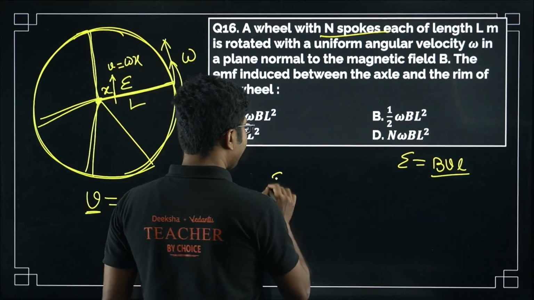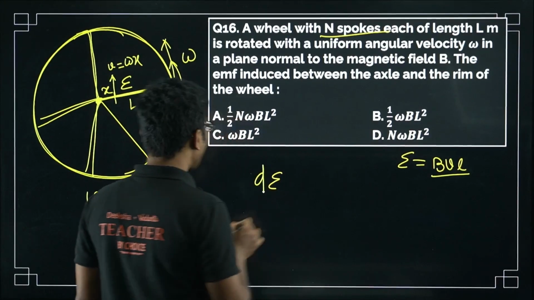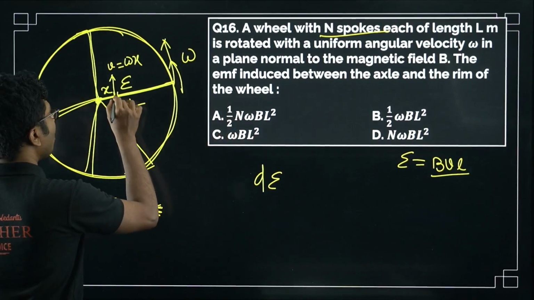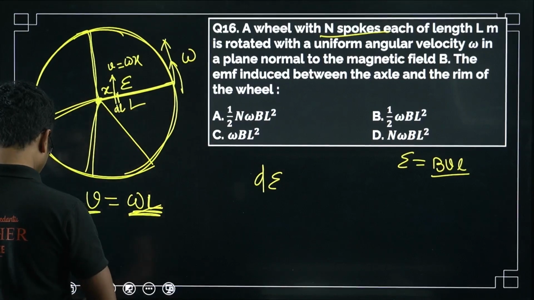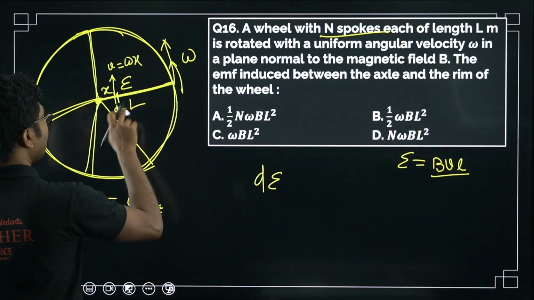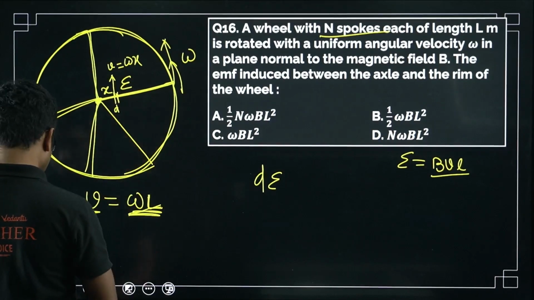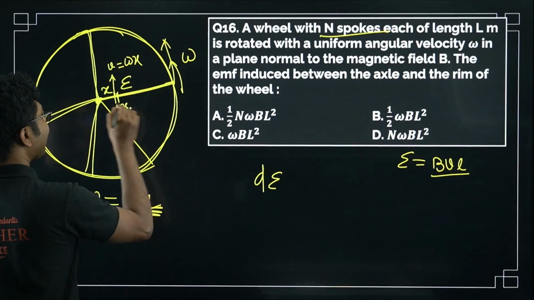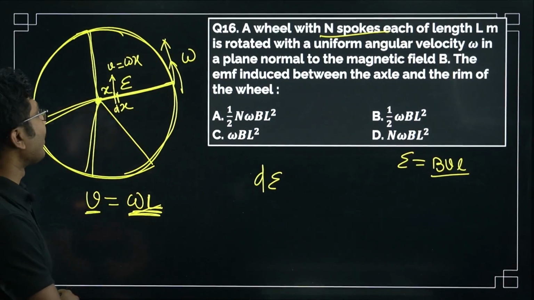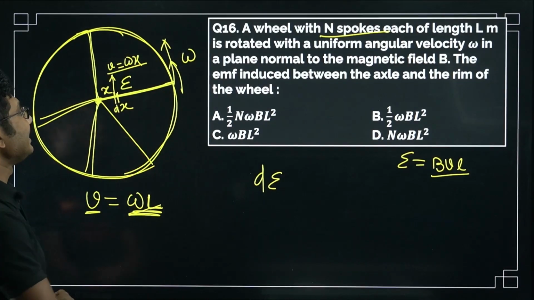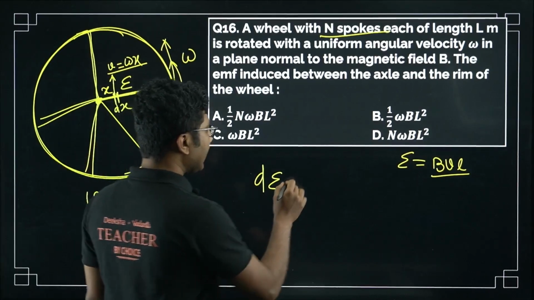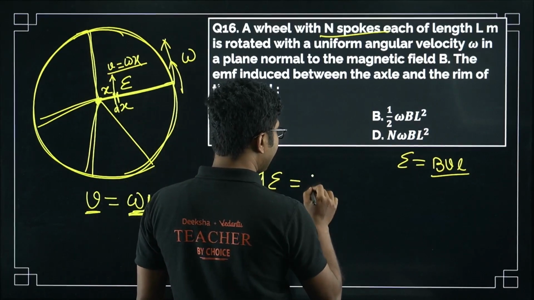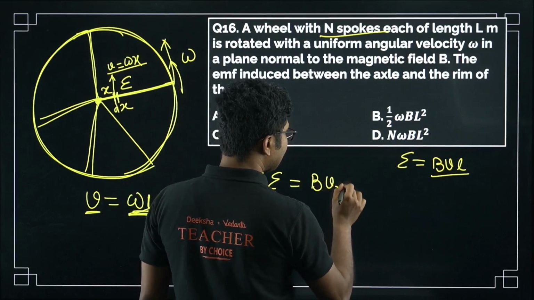So let us consider a small portion dx at a distance x. Then what is the velocity here? Velocity here is omega x. So what is the induced EMF over here? Induced EMF will be B Vx into dx.